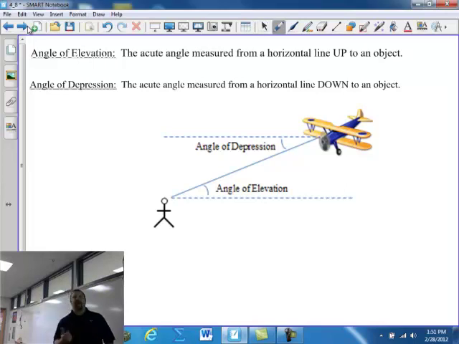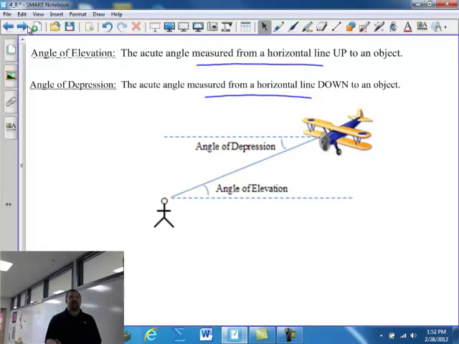It's a perspective thing. There are two vocabulary words we should cover before we start some of these problems. One is angle of elevation, and the other is angle of depression. Both of them are measured from a horizontal line. Think of this as you walking around looking straight ahead. When you're depressed, you look down. When you're excited, you look up.